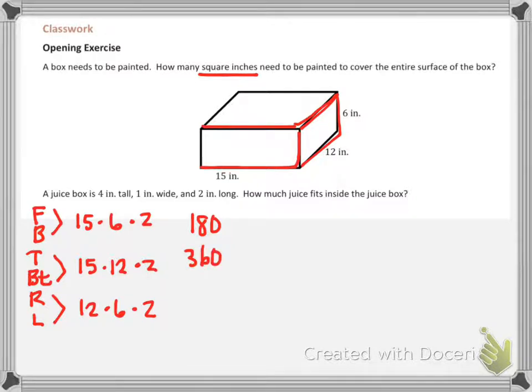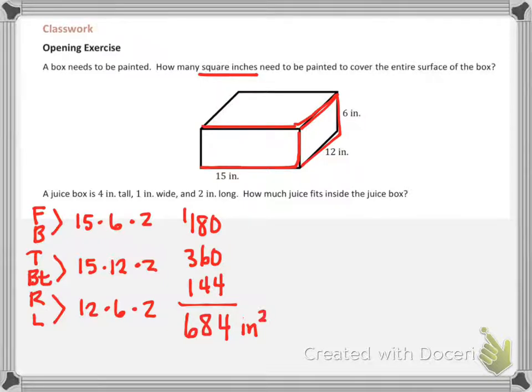And then the right side is 12 times 6 times 2 to get the right and the left. That's 144. And when you add those all together, you'll have the surface area. 18, carry the 1, and that's 6. So 684 inches squared. That is the surface area of the first box.